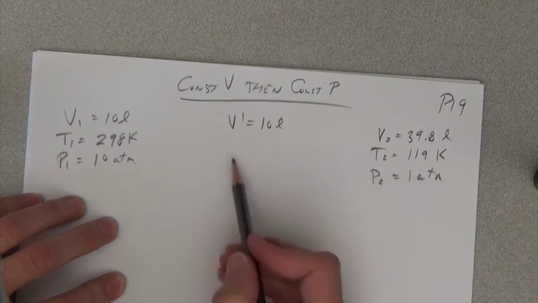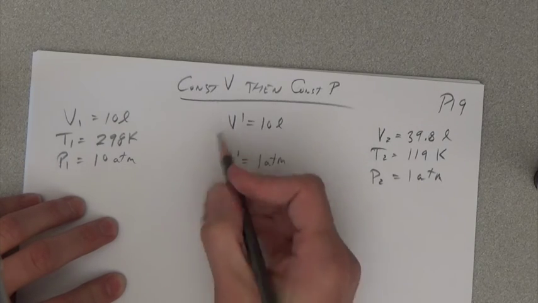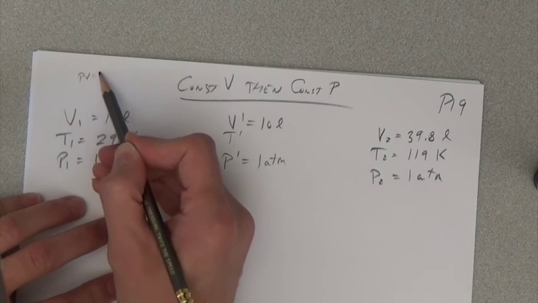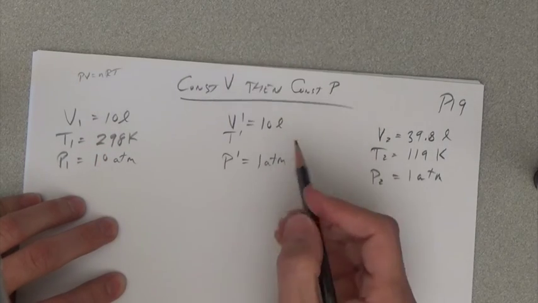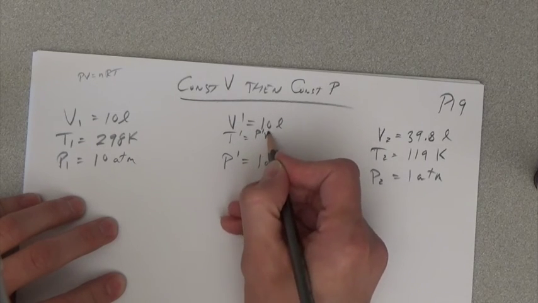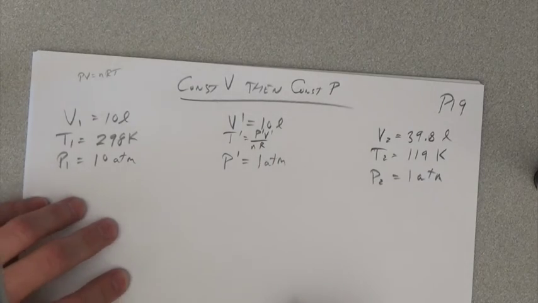Constant pressure means P prime is equal to 1 atm, which means T prime, PV equals nRT, is equal to P prime V prime over nR.